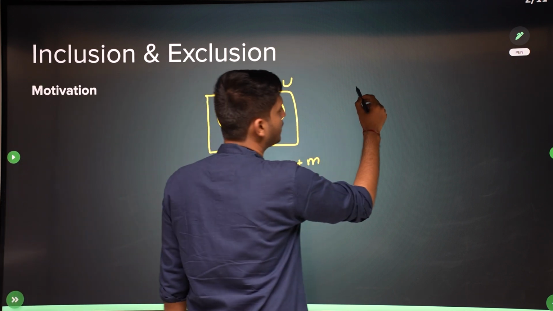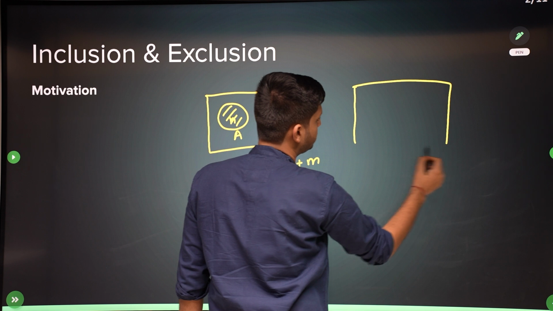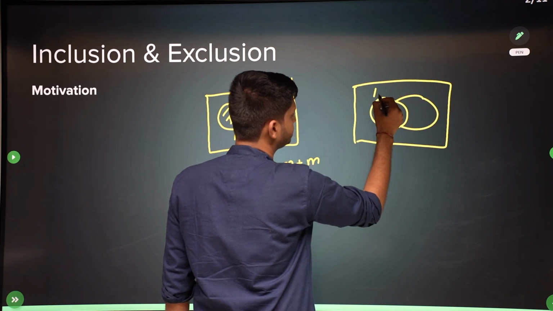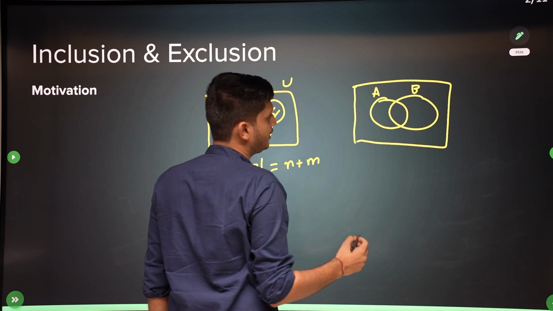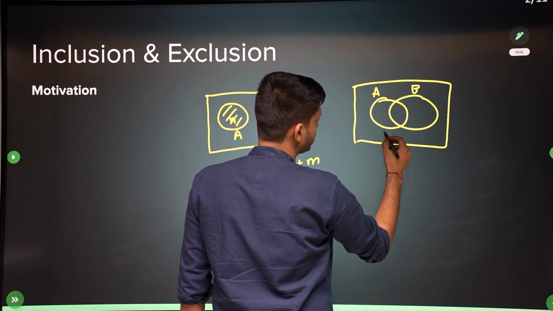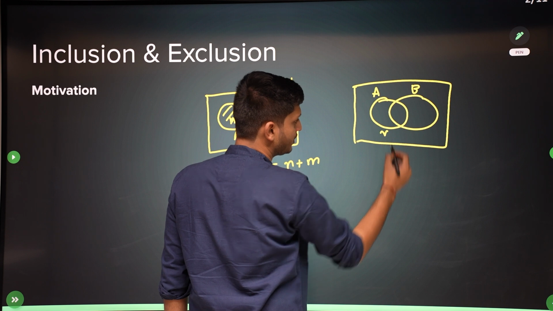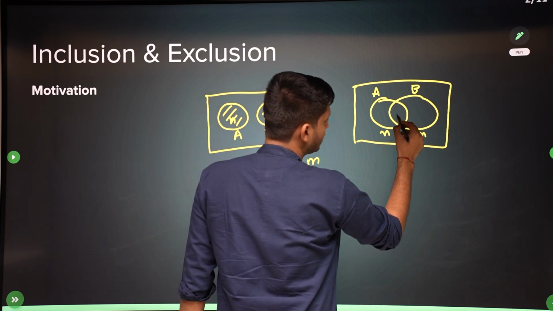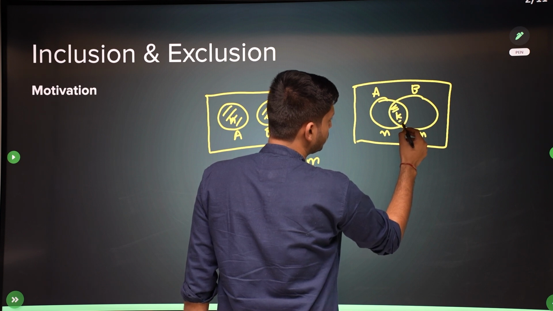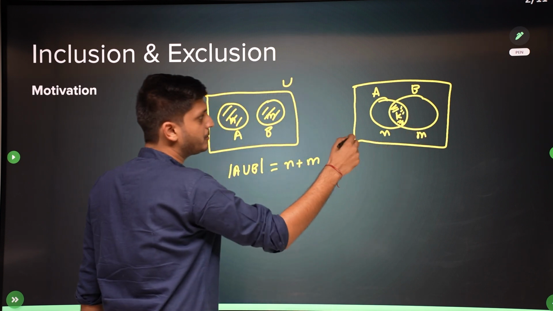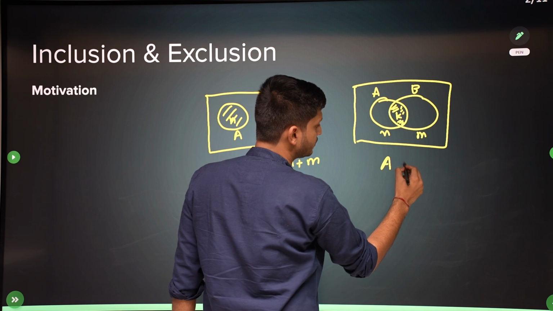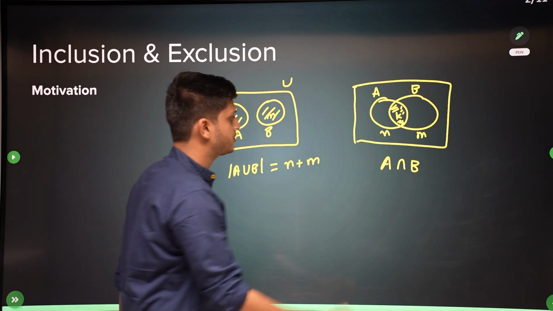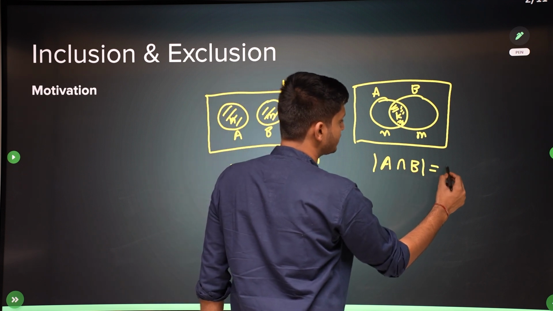But sometimes there might be a few elements common in A and B. So let's say this is my set A, this is my set B, and let's say that there are n elements in A, m elements in B, and there are k elements which are common in both A and B. The common part is called A intersection B. So the cardinality of A intersection B right now is k.